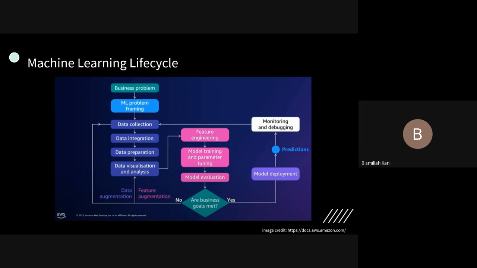But it could also be that there is just one man army doing everything from end to end. You could have a data scientist who starts working on this machine learning solution and starts collecting data from different sources and integrating all the different kinds of data sources.